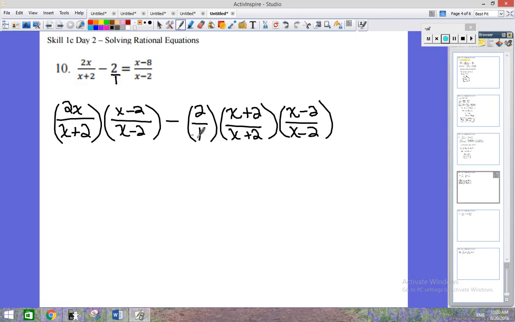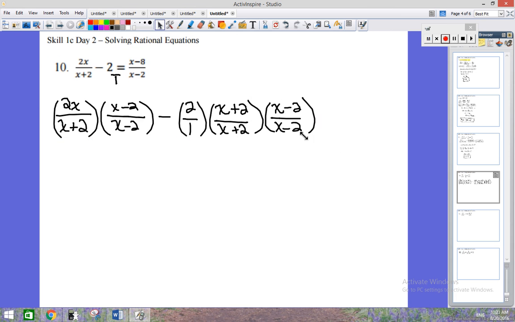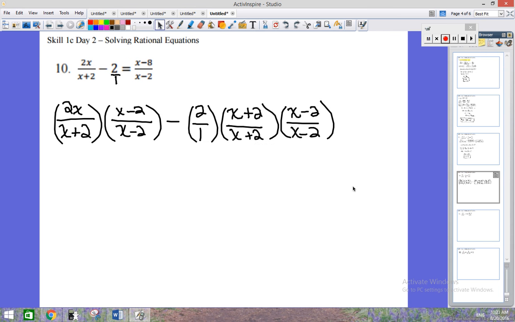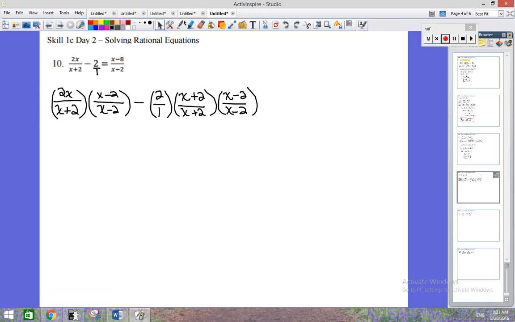So now with this fraction, when we multiply all those together, its denominator will be x plus 2 times the quantity x minus 2. And on the right-hand side, we have x minus 8 over x minus 2.